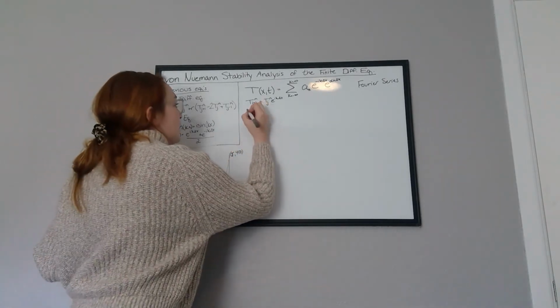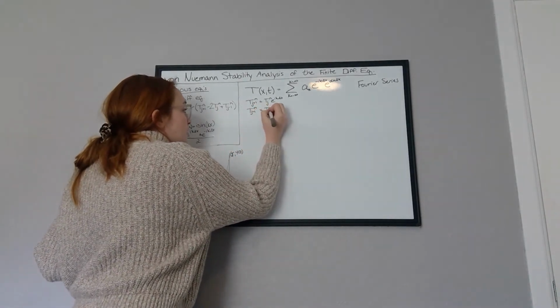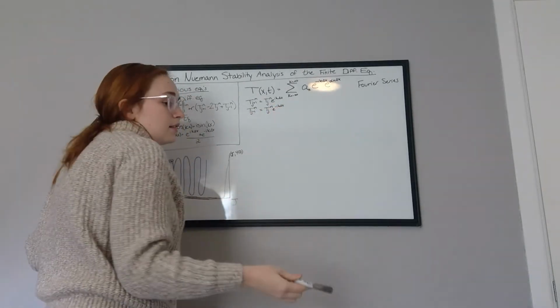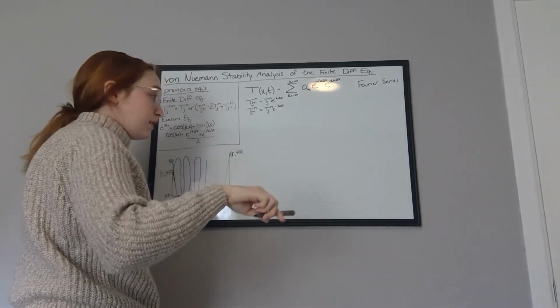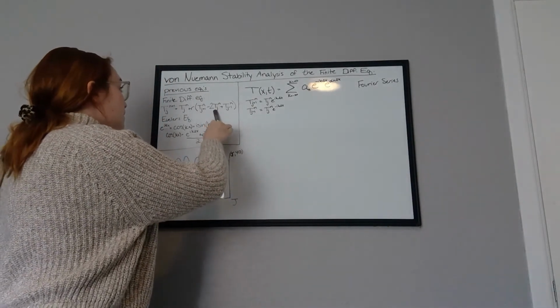We'll do the same thing with T to the j minus 1 of n, but it will be negative because it's one block backwards on the linear bar. So we'll plug these into our finite differencing equation.